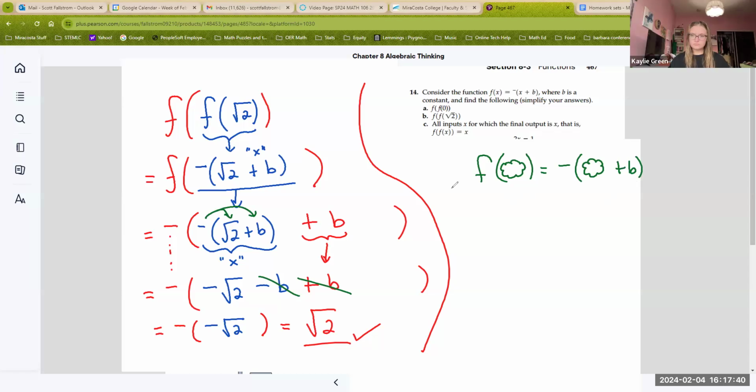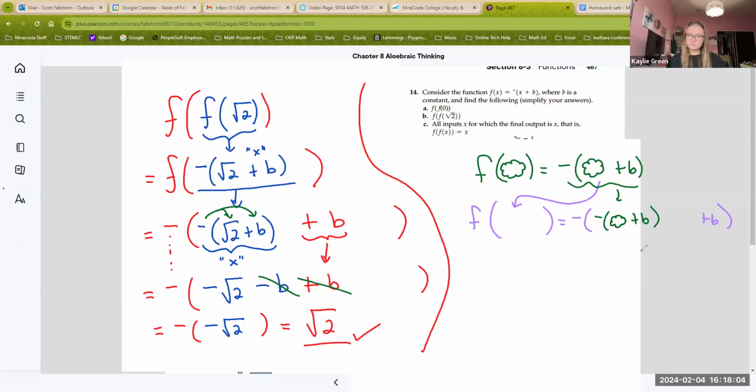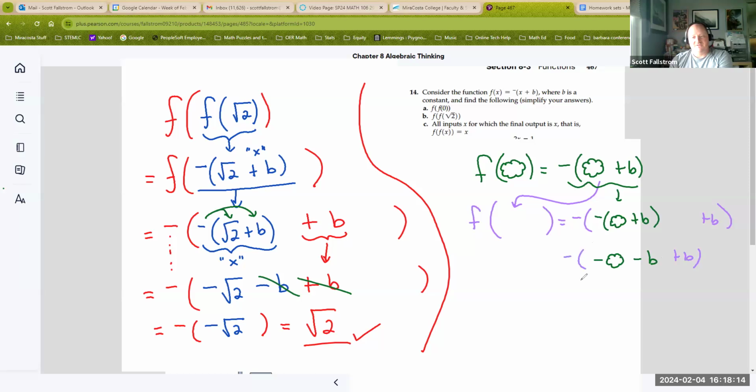And if I plug that in, f of that thing would be minus this thing plus b, but that thing is the chunk that I'd put in right here. So I'd have minus the same thing you had a second ago. You just had the square root in there. Then I'd ask you to simplify and you'd get the same thing: this thing minus b, then a plus b at the end from the other one, and an opposite symbol out here.